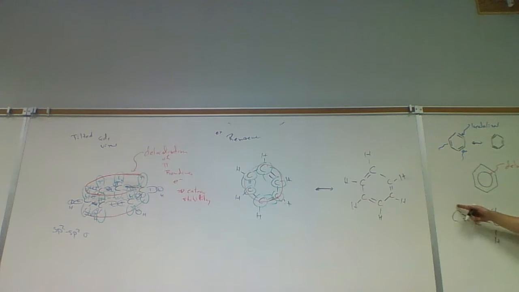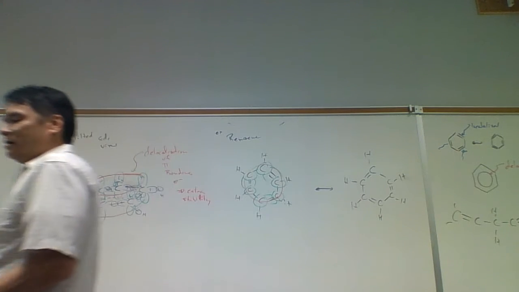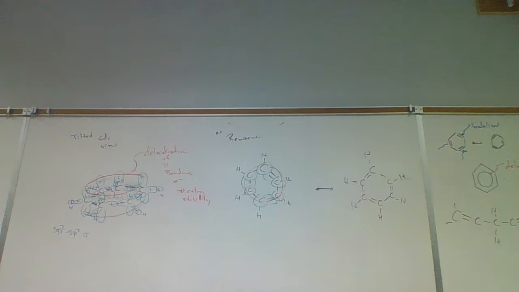And so that's going to break the conjugation. In other words, I'm going to have a localized pi bond here and a localized pi bond here, and I can't delocalize it because it's not alternating. Do you see? Because there's going to be an sp3 stuck in the middle here. I'm disrupting my conjugation. And so benzene does this. In fact, other molecules do this as well.